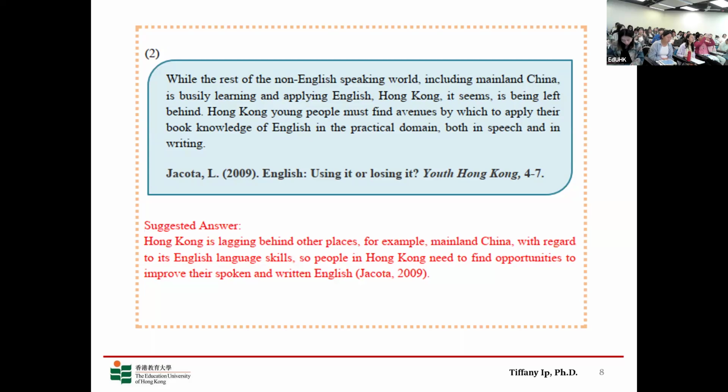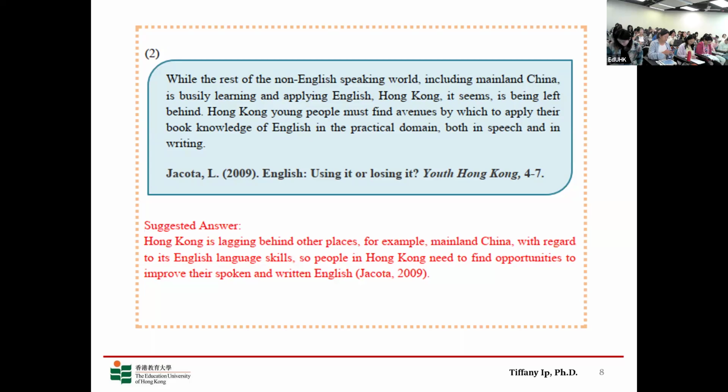People in Hong Kong need to find, some of you said ways, methods, or remember this word, opportunities, that brings positive meaning even, right? Find opportunities to improve their spoken and written English. And this replaces "English in speech and writing," so we use adjectives.